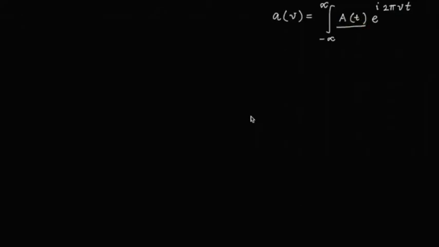So a at t, which was a continuous thing, is now sampled at t equals TL. So I can call that AL. Okay, so these are discrete values of the function.